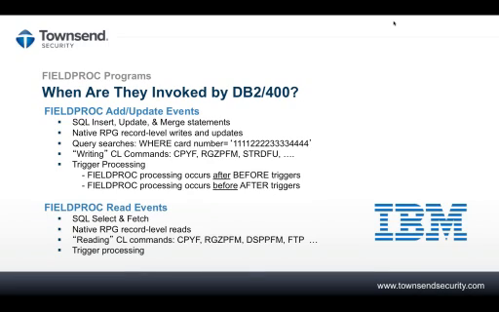So with the implementation of FIELDPROC on the IBM i, queries are first encrypted, and then the encrypted value is used to do the lookup. So when you do a chain operation or a where clause within a SQL statement, that value is going to be passed to the FIELDPROC program to be encrypted.